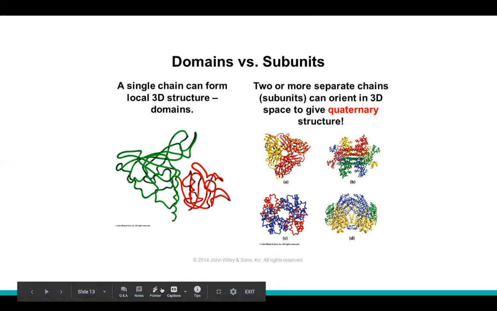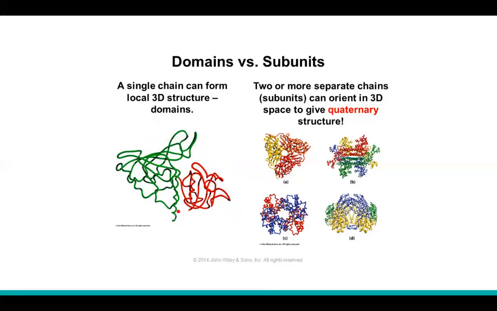I know it's a little tough to understand at first, but this entire thing is one long polypeptide chain, and what the green and the red are telling you is that there are two different domains within the same protein or polypeptide chain, which confer different functions to the protein.